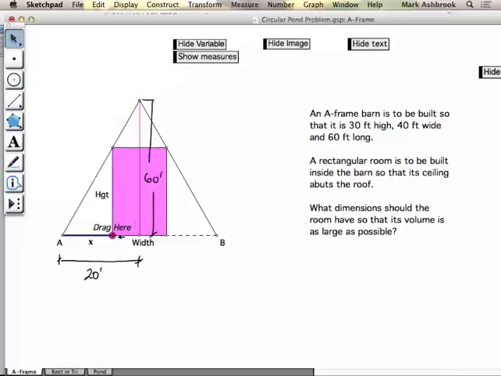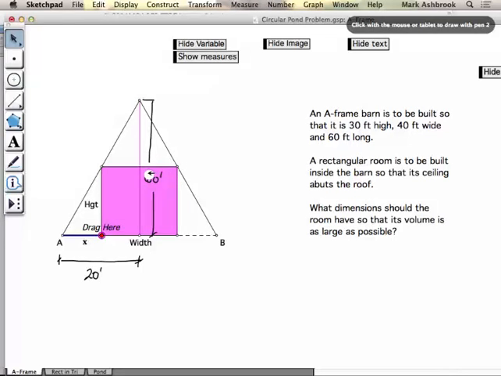Or something in between, but we want the maximum size room. So this 60 feet long, you imagine that 60, did I do this wrong? It's 30 feet high, sorry. Right, this is wrong, right? You must think I'm infallible.